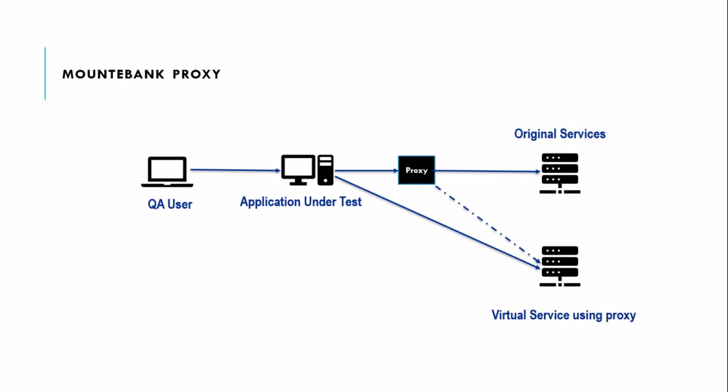While doing so, it captures both the request and response, and from those we can create a virtual service, and then we can redirect the application under test to that virtual service. This is how we can use the proxy to create a virtual service. As I said, it is a very useful feature. With that, we can simply capture the request and response and instantly create a virtual service out of it.